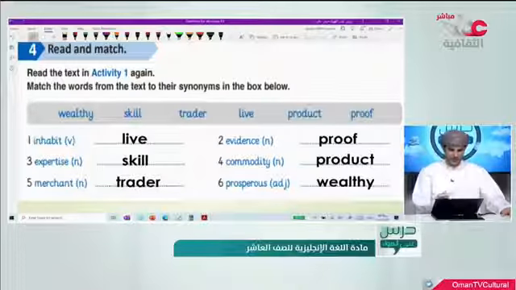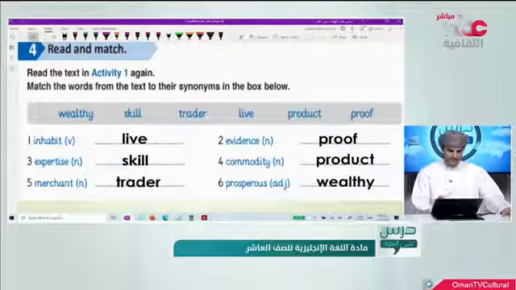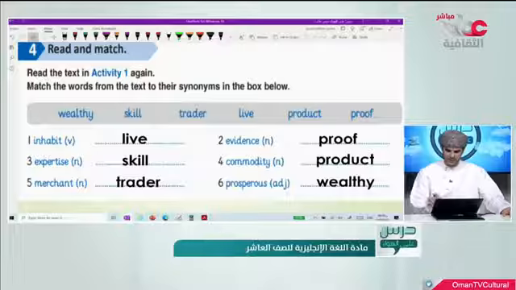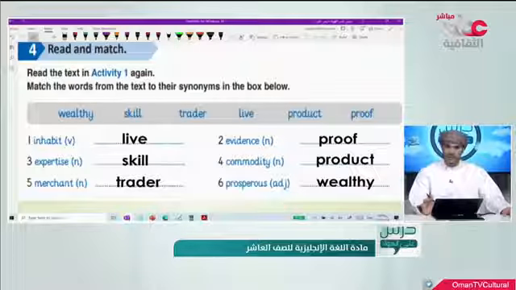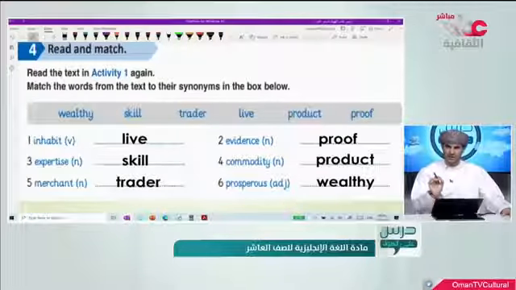The synonym for expertise is skill. The synonym for merchant is trader. The synonym for evidence is proof. Commodity, product. Prosperous, wealthy.